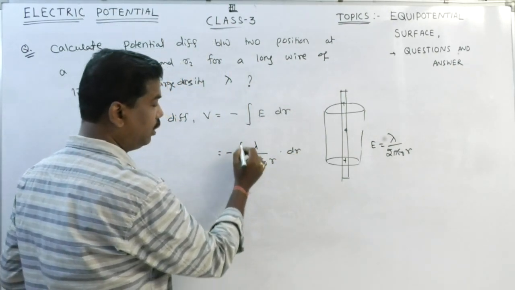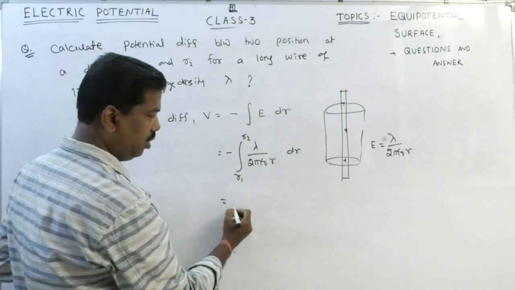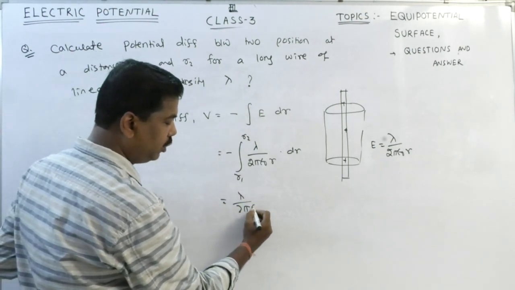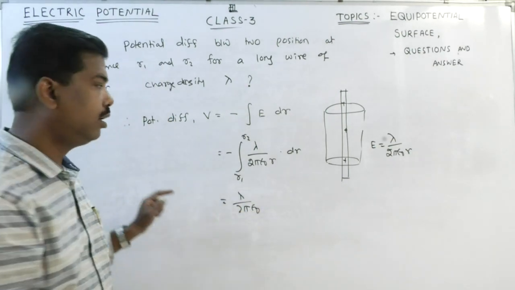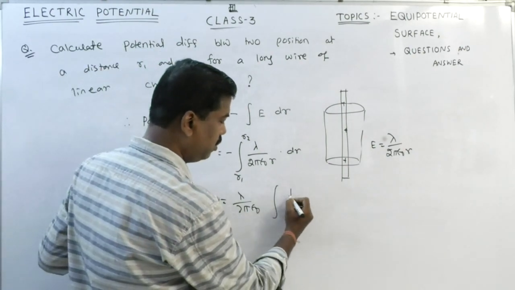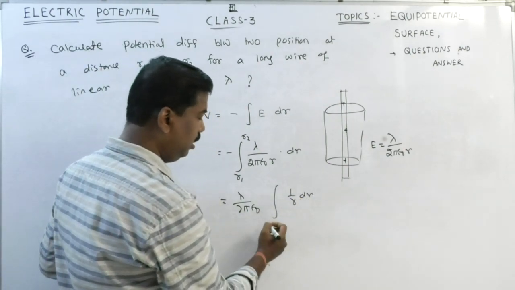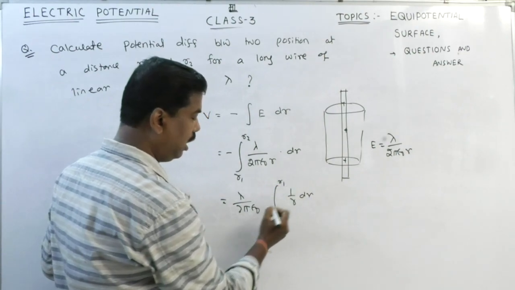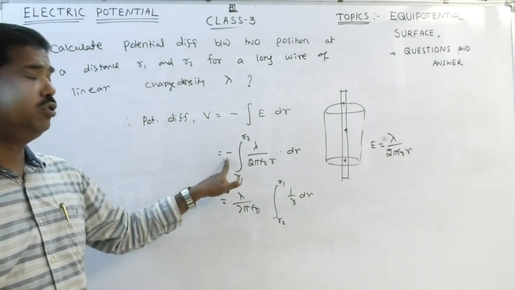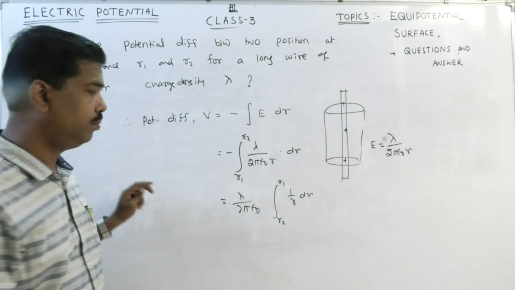The integral of dr by r from r1 to r2, taking lambda by 2 pi epsilon 0 common, and just by using the negation, I reversed it.